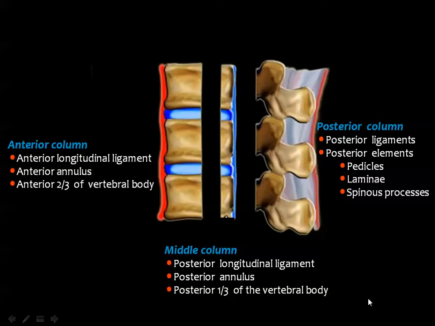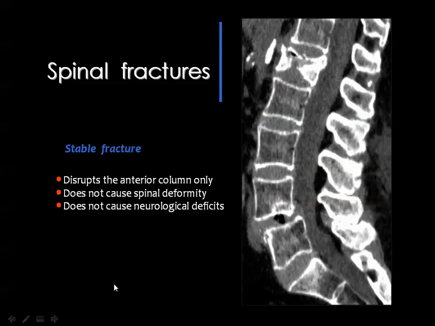Then, according to affection of any of these columns, the fractures are classified into stable and unstable fractures. The stable fractures are usually affecting only the anterior column of the vertebrae, and they do not cause a spinal deformity and do not cause neurological deficits.